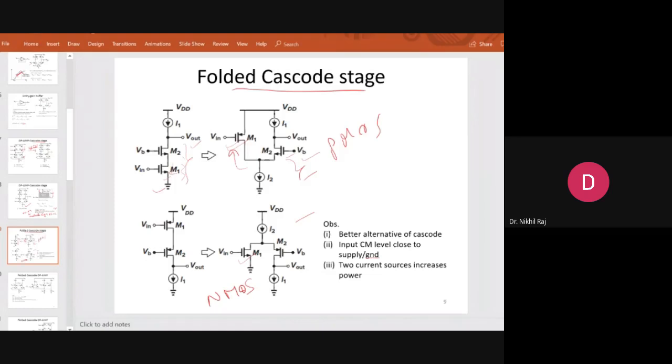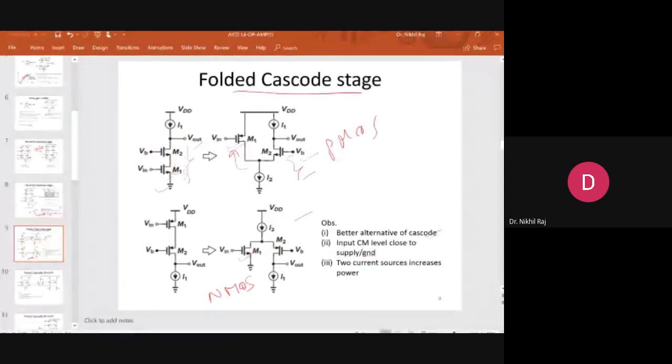Okay. So what are the observations? It is a better alternative to cascode. Why? Because here if we see the voltage swing, it has to overdrive here, and in the bigger architecture we will see, it will be a better alternative to cascode. Input CM level close to supply or ground. Okay, the main advantage of this folded cascode you will get in the range of the input common mode level.